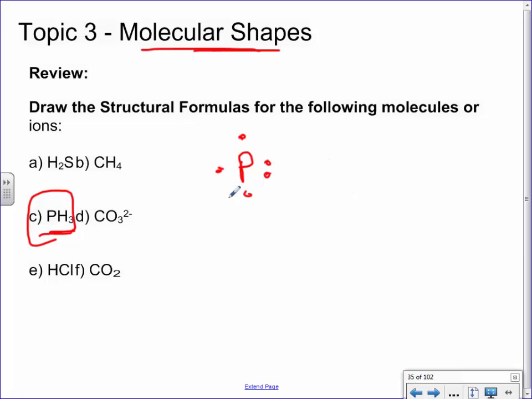Each hydrogen is going to go there, and there, which means when you're done, you're going to have this molecule, P to H to H to H. The other side of the phosphorus implies that you have a valence pair just sitting there. So here's what it would look like.